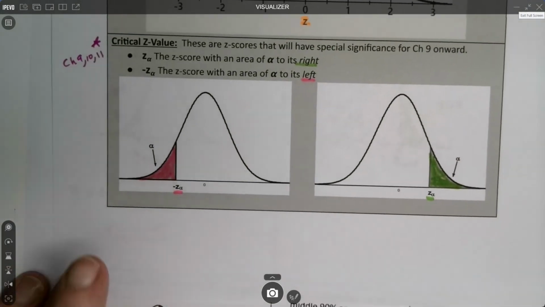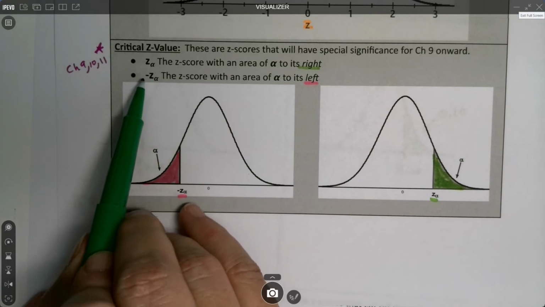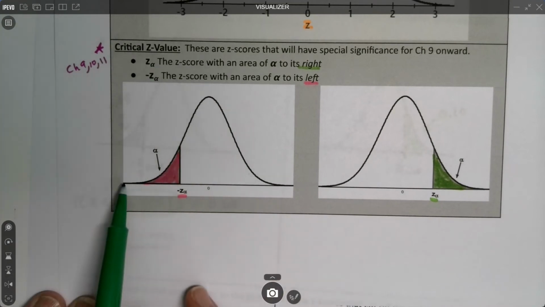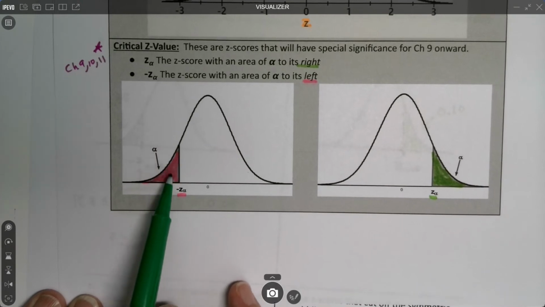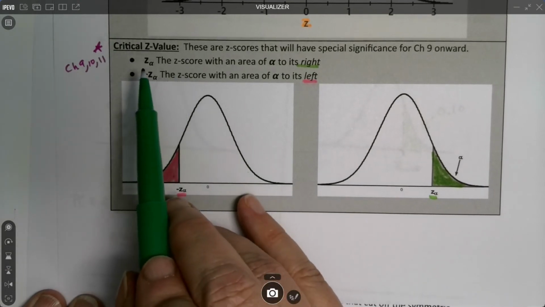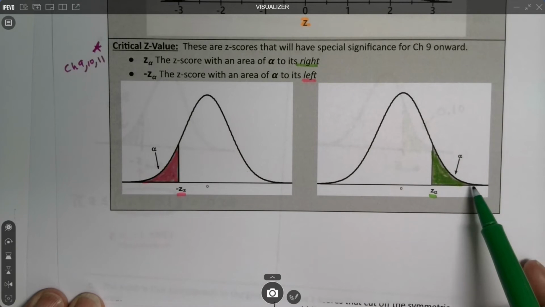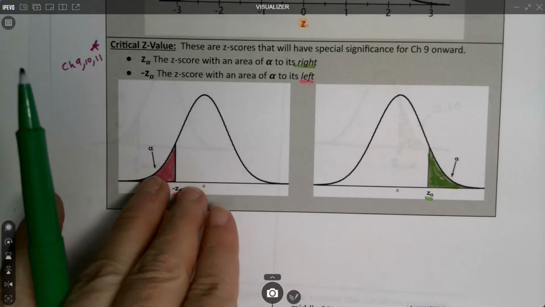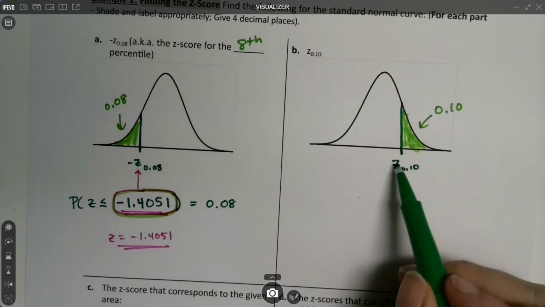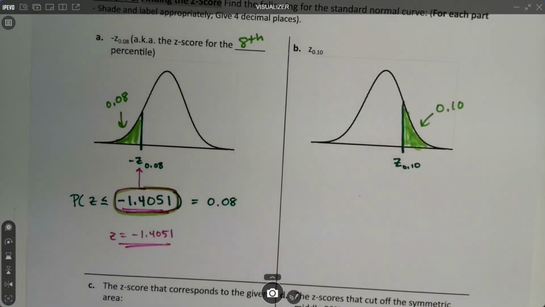Here, when you see a negative z, it's going to be coming in from the left tail. You start at the left tail and work your way in. That's your area. When it's positive z alpha, you start at the right tail and work your way in. All right, so I'm looking for the z-score that would have 0.10 as the area in the tail.